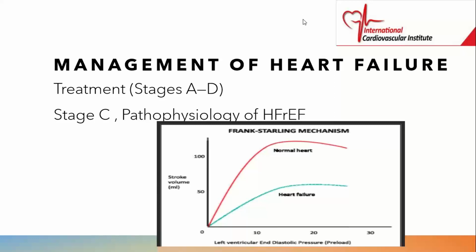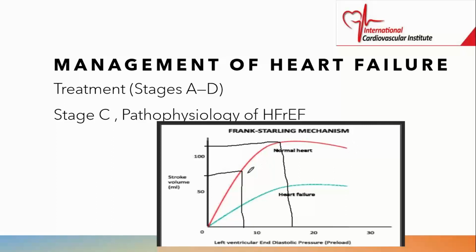At this amount of preload, if you come straight up to the normal curve, you're going to get this amount of stroke volume. If you get a greater stretch, you get a greater output up to a certain point, because you now have the plateau phase, and then it curves down.